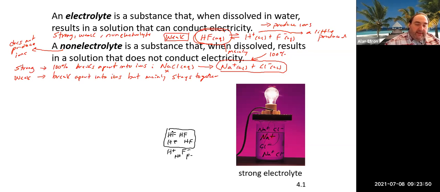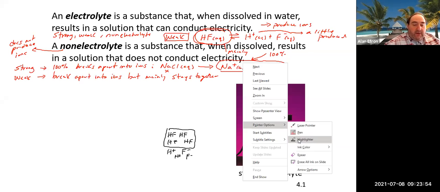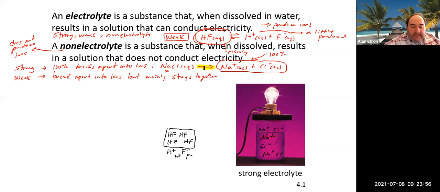For our strong electrolyte, we see a one-way arrow. And what that is implying is that this reaction is going from reactants to products. Basically like a one-way street. Everybody's dumping out over on the product side. We're going to convert almost 100% of the reactants over to the product side.